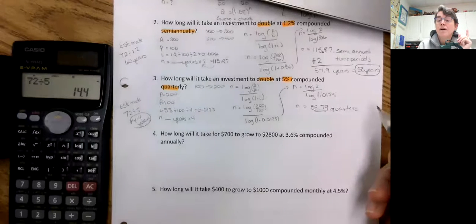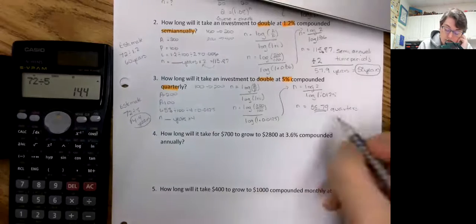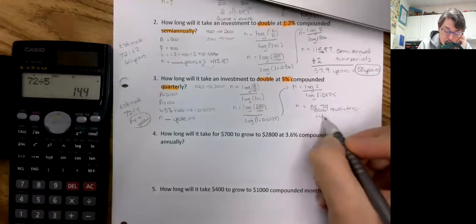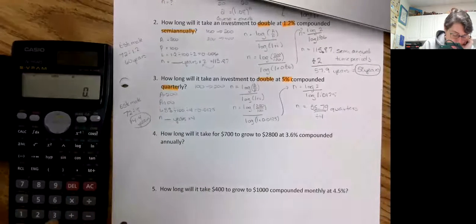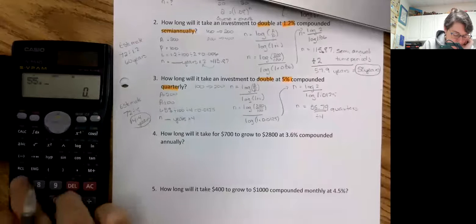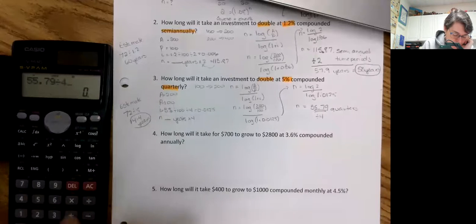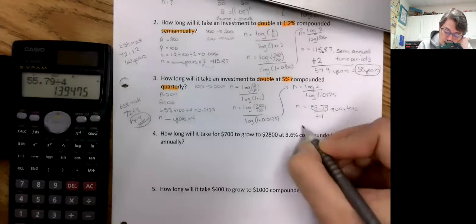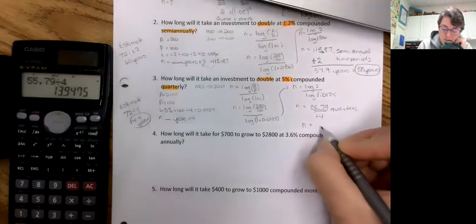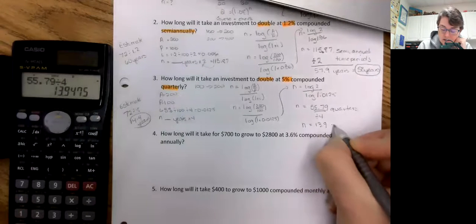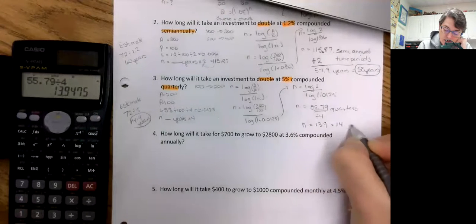So there are 4 quarters in a year. So if we then divide by 4, 55.79 divided by 4, and n is going to be 13.9. I'm just going to say 14 years.